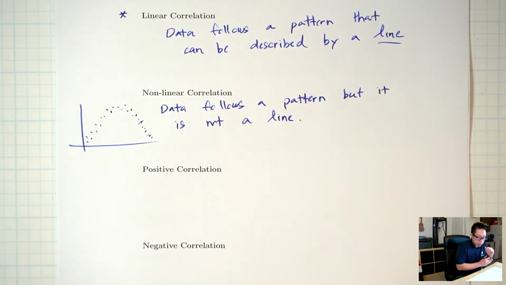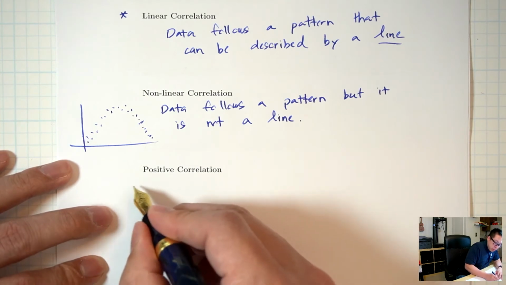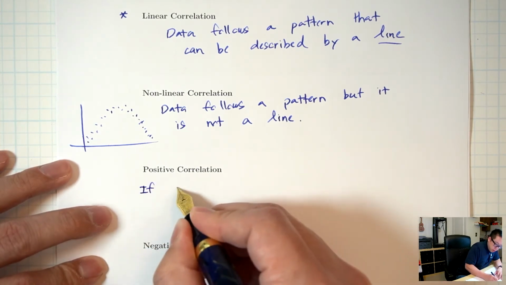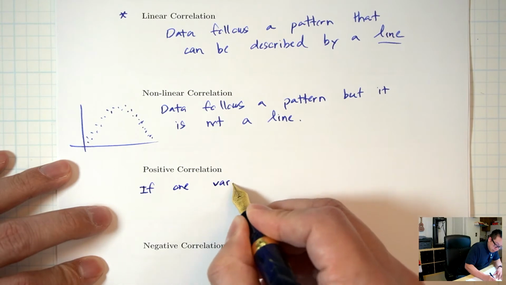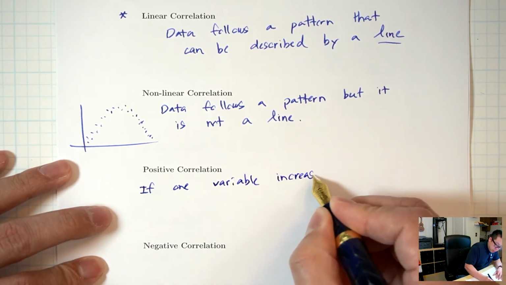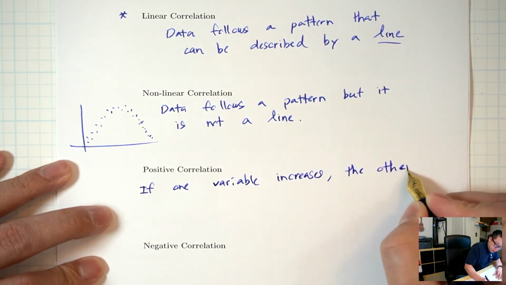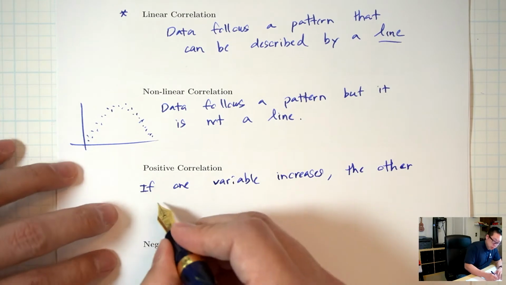Some other terminology, positive correlation. Positive correlation is where if one variable increases, the other also increases.